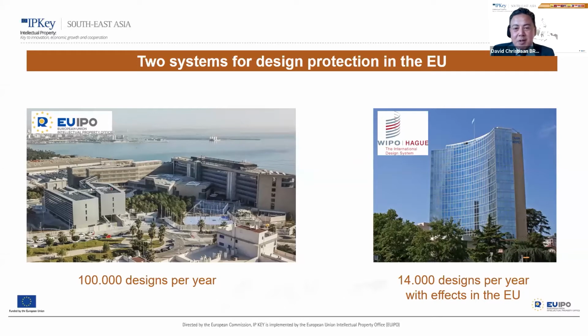The second system that we have in Europe is that you can file with WIPO, and that is called international registrations, with designation the European Union. And they process 14,000 designs per year, more or less. So these are the two options that you can choose depending on the strategy of each client.